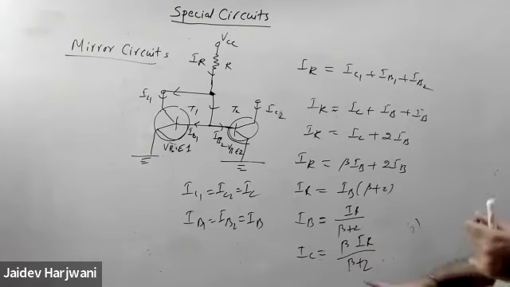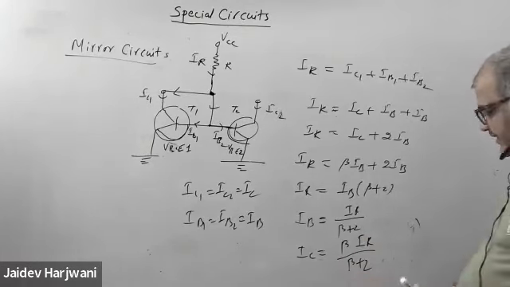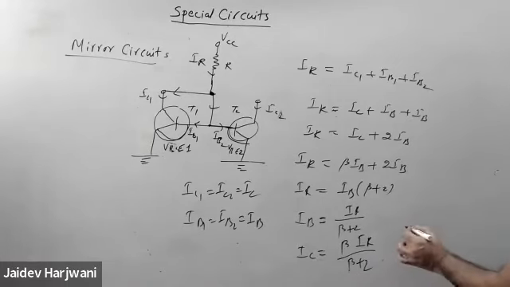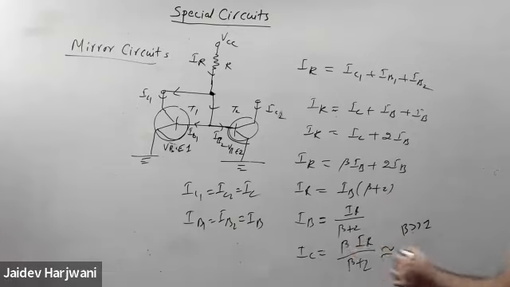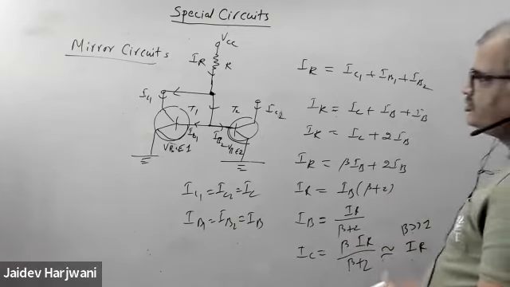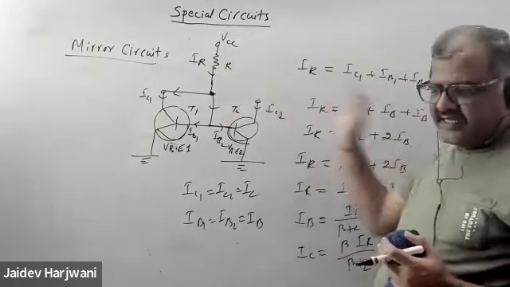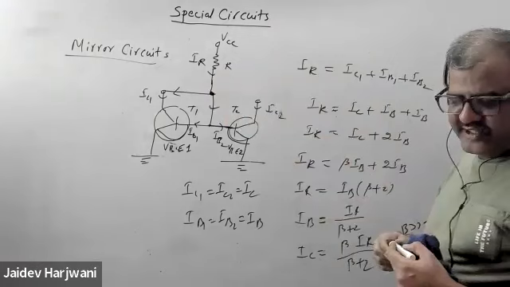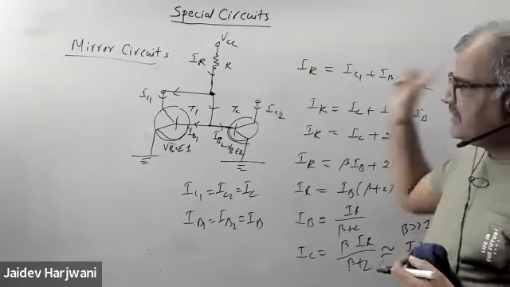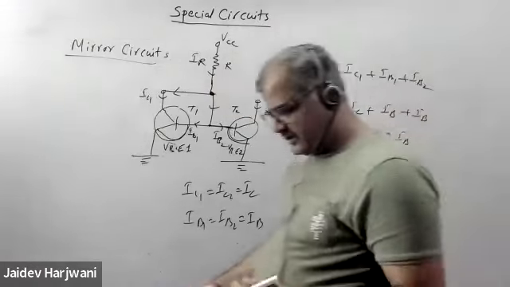And if beta is very high compared to 1, in that case the beta cancels and you get almost IR. So जो भी करंट यहाँ फ्लो कर रहा है वो सेम करंट बाकी जितने भी ट्रांजिस्टर इस कॉन्फ़िगरेशन में कनेक्टेड हैं, इस तरीके से सब में सेम ही जाएगा. ओके.